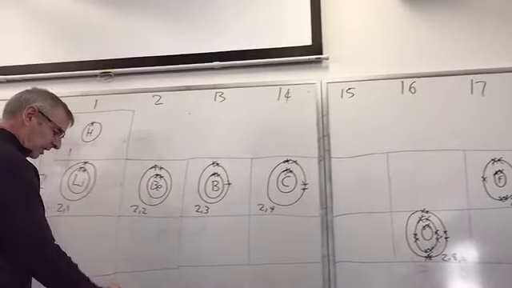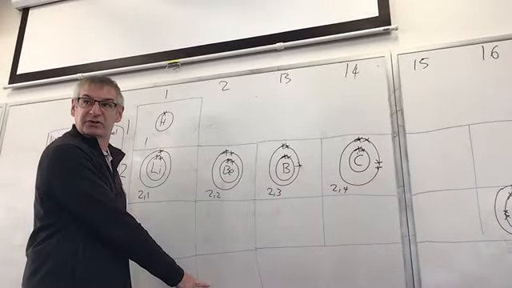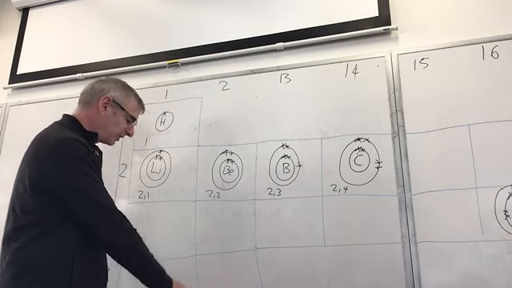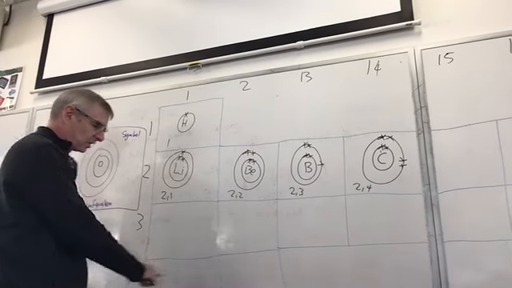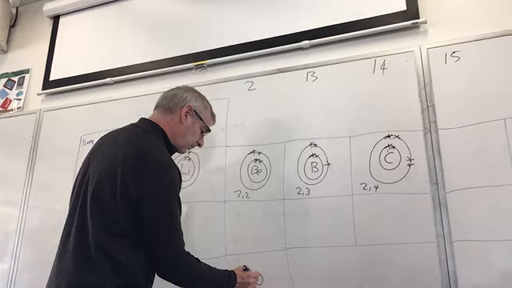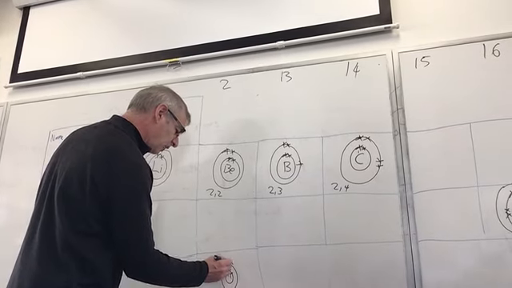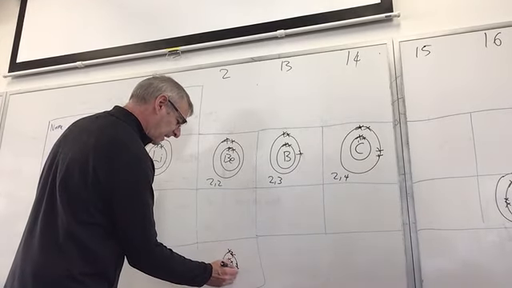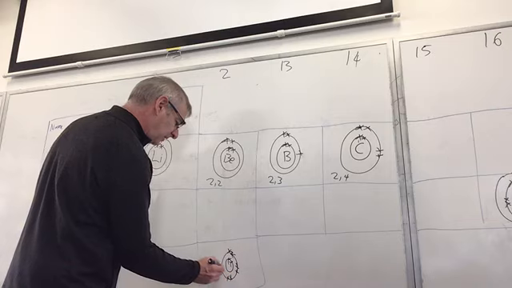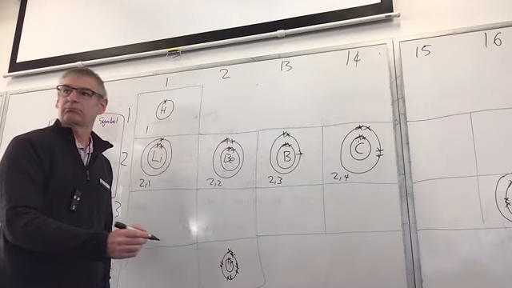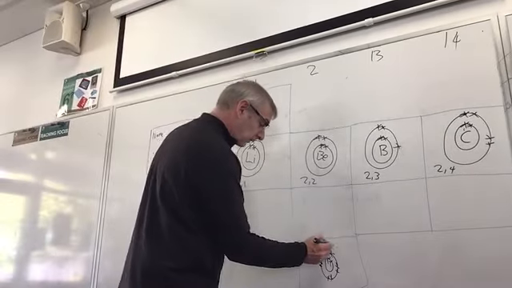Okay? So let's go over here and see if it still works. This one here, how many electron shells do we need? 4, because we're in period 4. So how many electrons are going to be in the first shell? In the second shell will be 8. How many in the third shell? 8.